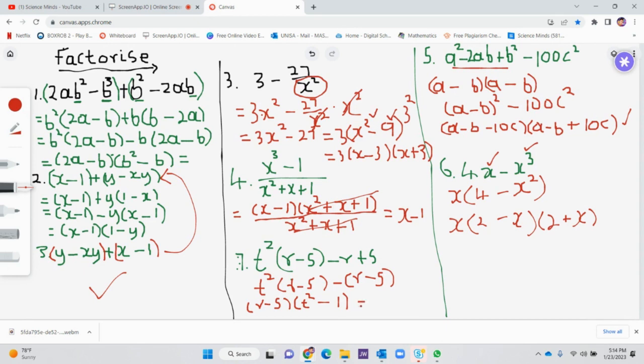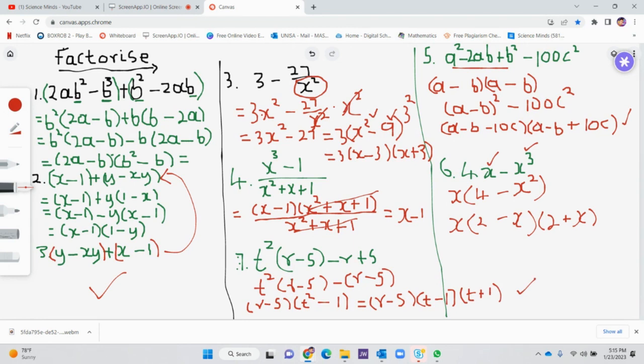So we're not done factorizing. We still have to factorize that difference of two squares. So we have r minus s. Then we're going to have the square root of t squared, a t, minus the square root of 1, a 1. And the other bracket is going to be the same with a positive or a plus.